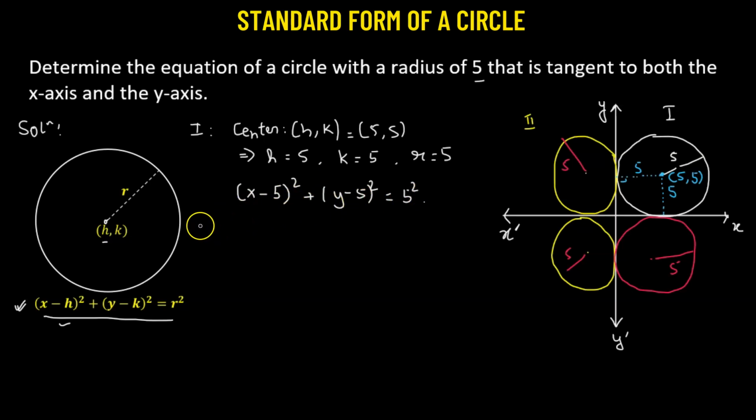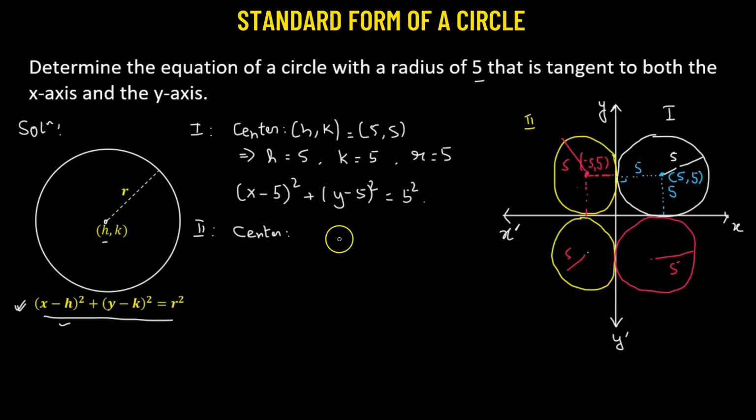Now we'll come to the second circle, the circle lying in region number 2. What will be the center of this particular circle? Here, same rule. We will drop a perpendicular on both the x-axis as well as the y-axis, and that's going to give us the coordinate of the center. Here, the height is going to be 5, so the y coordinate is going to be 5 and the x coordinate is going to be negative 5 because we're lying on the negative x-axis.